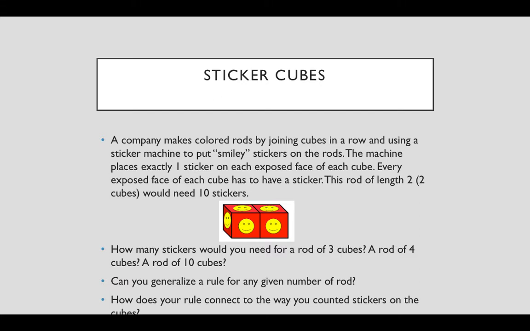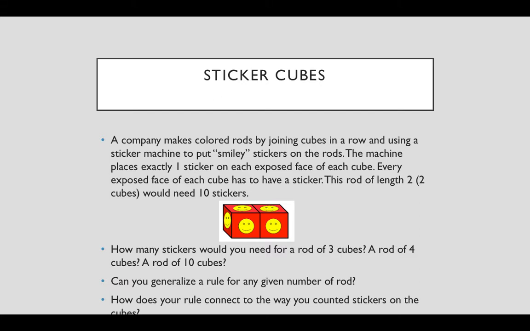That's what n minus 1 was. So n groups of n minus 1. And then we talked about the fact that when we count that way, we double count. So we have to divide by 2. So I'd like you to be able to connect your algebraic or symbolic rule to the way that you count those stickers. And that will become a little bit more obvious as we do a few more of these.